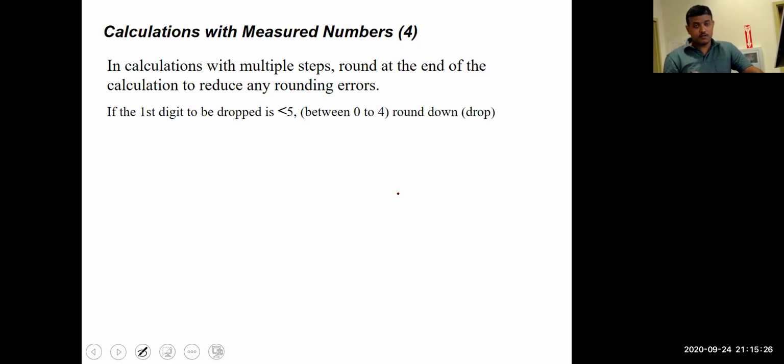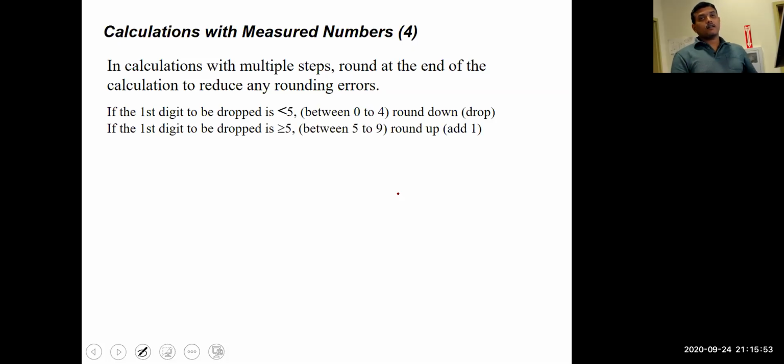So here are the rules to round up a number. If you know how many significant figures you need to keep, you would know what your last number is. The number that is next to it can be a number between 0 and 4 or 5 and 9. If it is between 0 and 4, you will just drop that number and make no changes to the number that you are keeping.